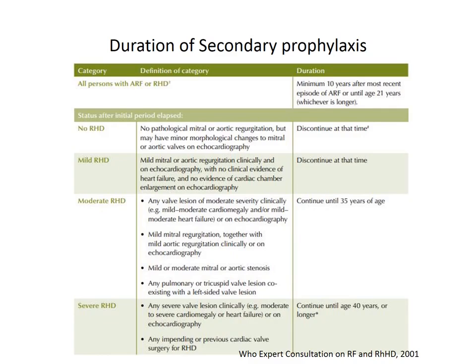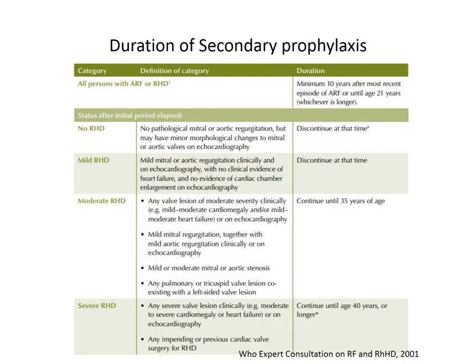Now we come to the duration of secondary prophylaxis, which is an important part of the treatment of prevention. And we will divide those according to the presence and severity of rheumatic heart disease.